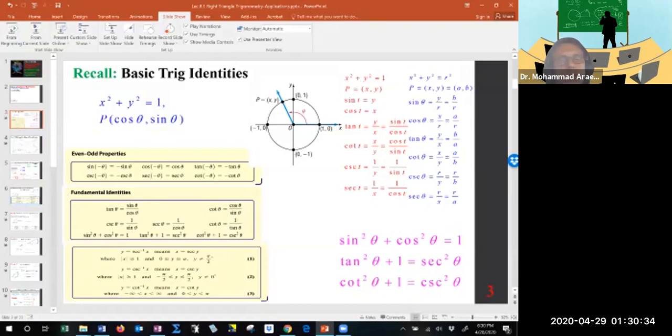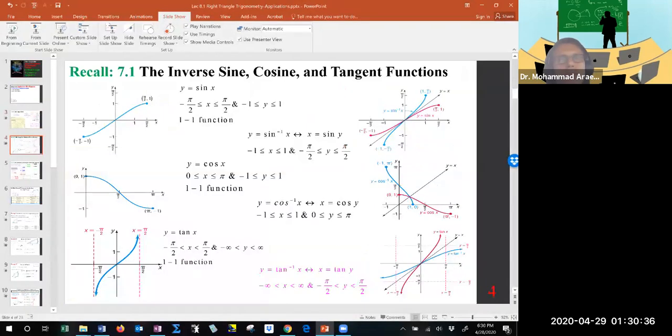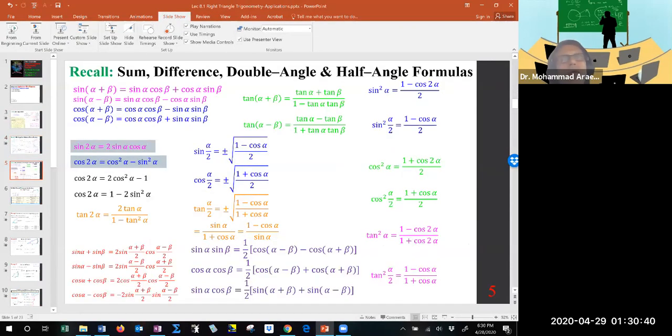You've got to be very comfortable with those. The inverse functions, sum and difference, double angle, half angle formulas. Some of the formulas you come across more often than the others. On a normal basis, when you know the formulas about sine and cosine, you can figure out the rest. Remember that, okay?